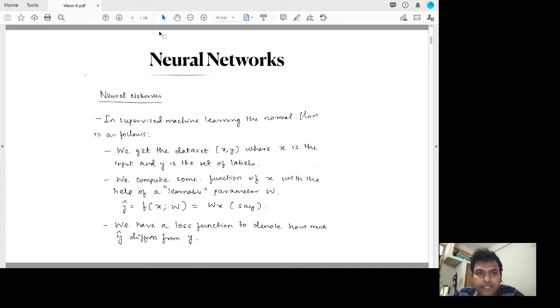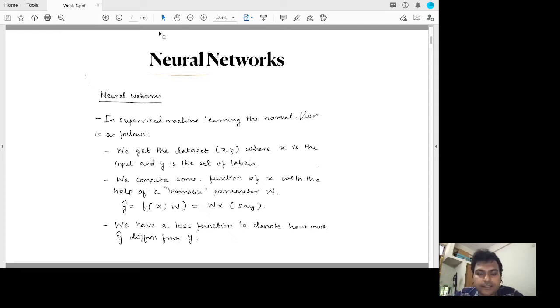Okay, so neural networks are used for supervised learning. As we have seen in multiple cases like SVMs and decision trees, as well as logistic regression, which I did not go through, but it basically does the same thing, we have a specific flow when we are given a supervised machine learning problem.